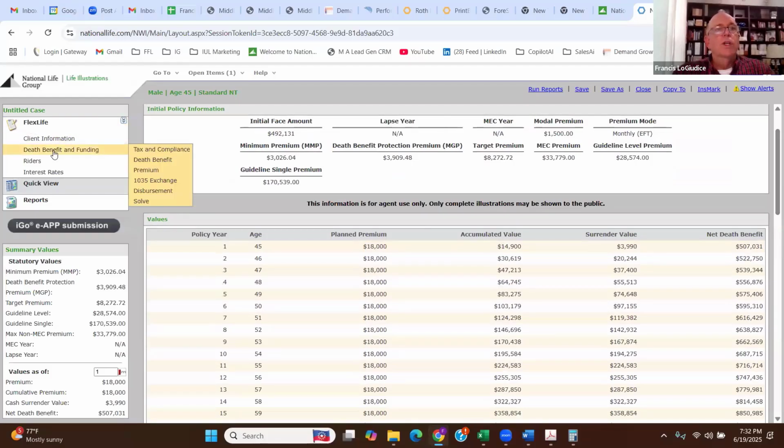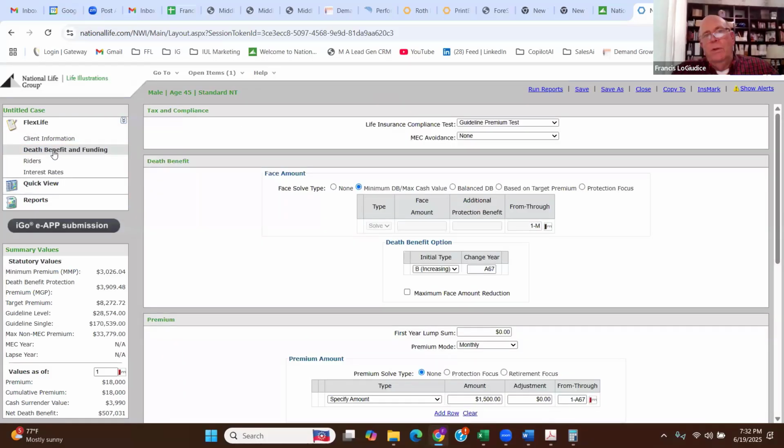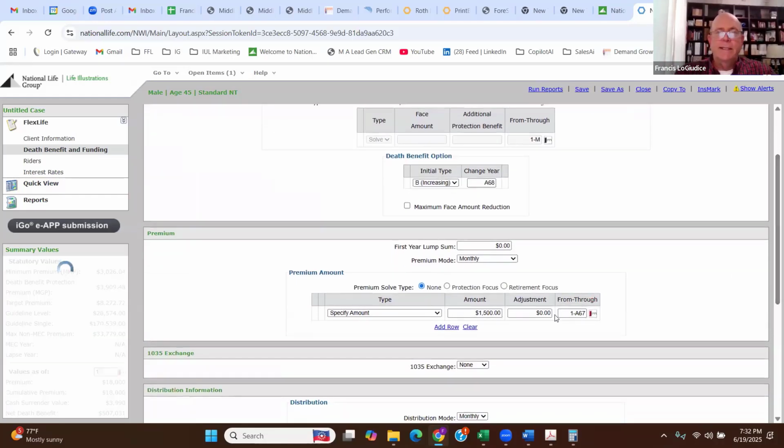Now to go the minimal, okay, the most that you can max fund a policy is by increasing 1 year past funding it. So that's age 68. So you have age 67.